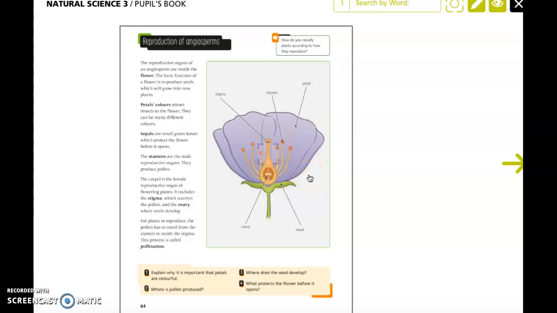Okay? So, the stamen produces pollen, goes to another flower, and the stigma receives the pollen, okay? And then the ovary is where the seeds develop. For plants to reproduce, the pollen has to travel from the stamen to inside the stigma, and then this process is called pollination.